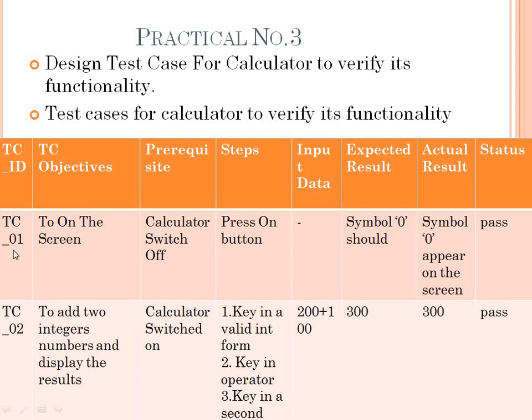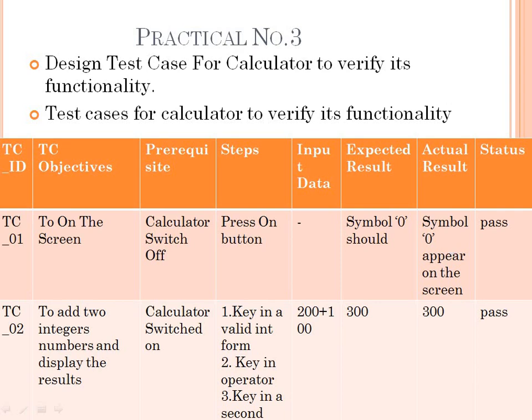For the first test case ID, the objective is to turn on the screen. The prerequisite is that the calculator is switched off. The step is to press the on button, and after that the expected result is that the calculator turns on. The actual result is that the symbol appears on the screen.